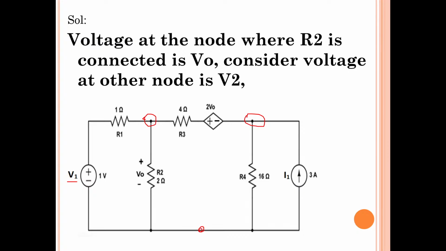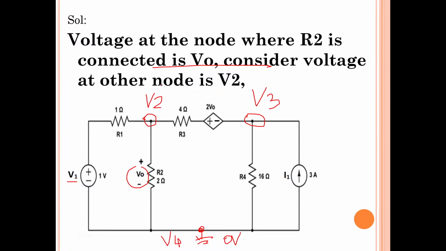Let us consider the third node here and give a ground symbol, assuming voltage 0 volts. Here I am assuming node voltage V2 and here node voltage V3. You can assume node voltage V4 here. The voltage at the node where R2 is connected, let us assume, is V2.